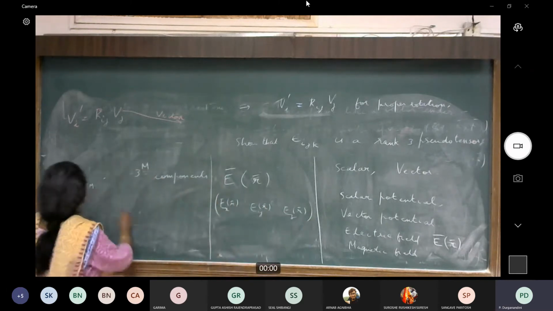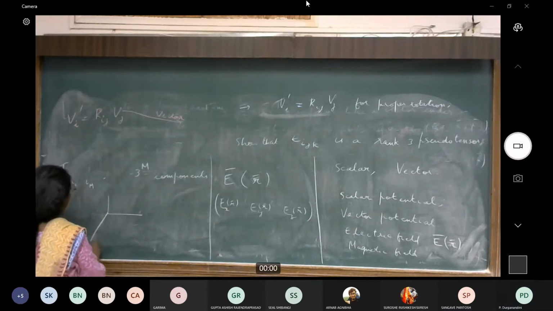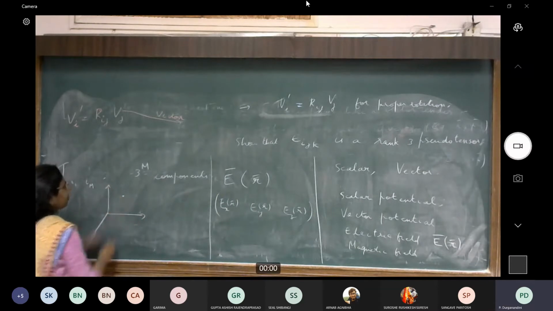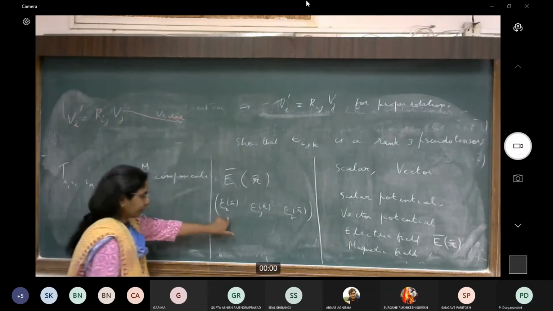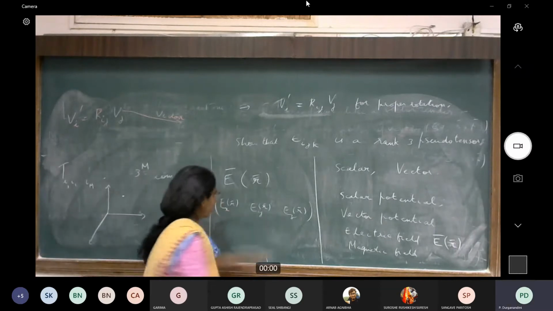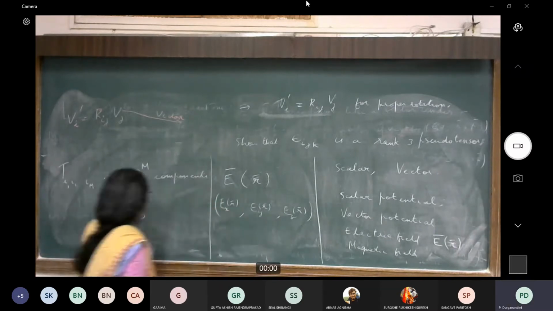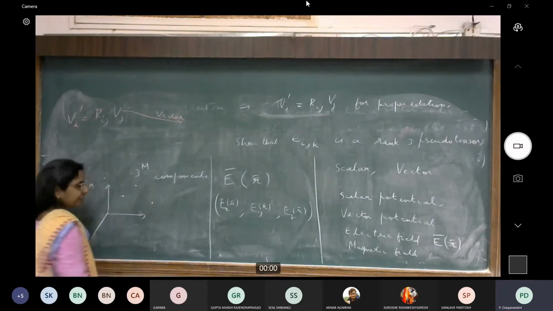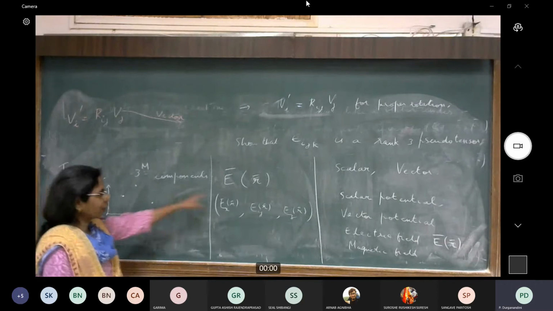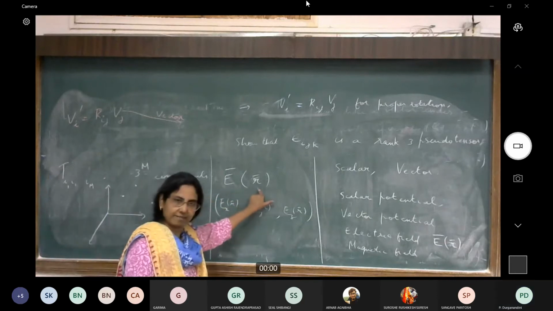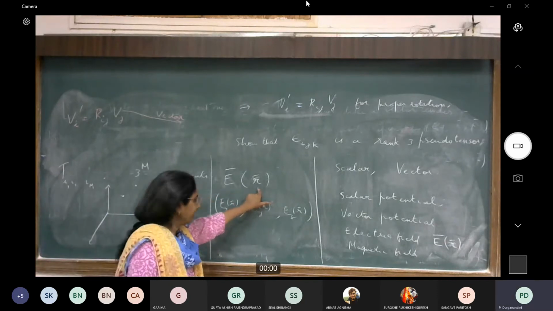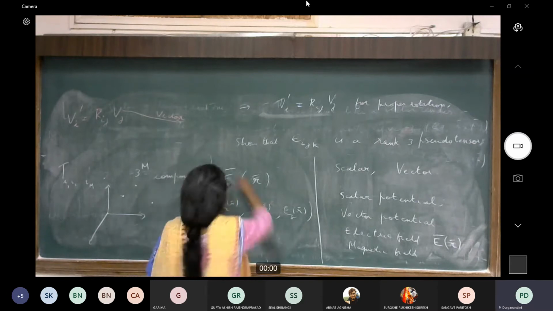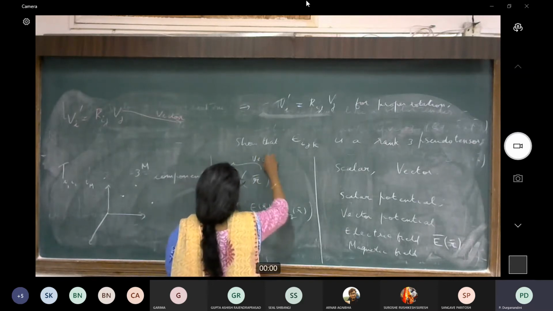So I have this object here, which has 3 components, Ex, Ey, Ez, and it will depend upon whether I'm at this position or this position or this position. That is why you call it a field. And it is an object which is a vector. So this is an example of what is known as a vector.